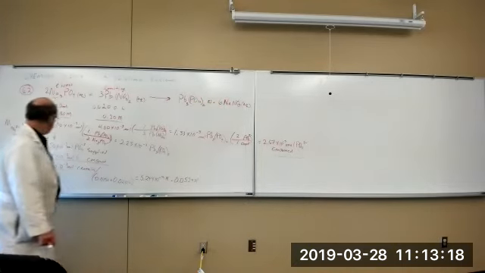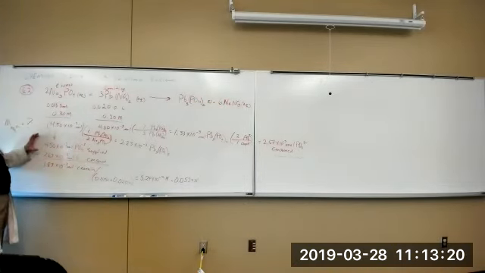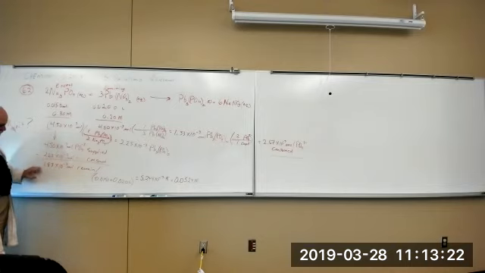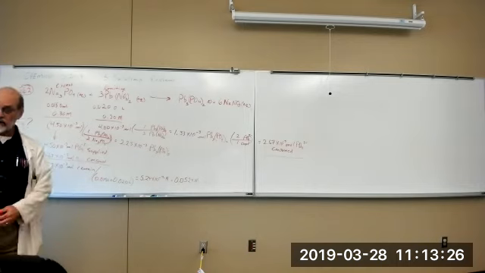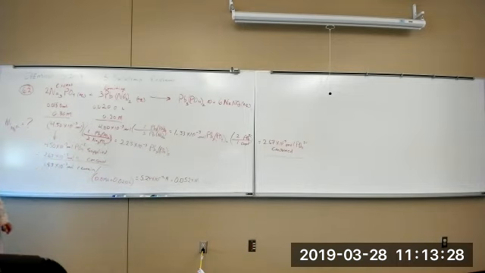Then we go back and find out over here how much we started with, subtract the 2, and we take that and find out its concentration. So if you back up and take it methodically, I know it's hard to do in the heat of battle, but the more of these you work, the easier it will be.